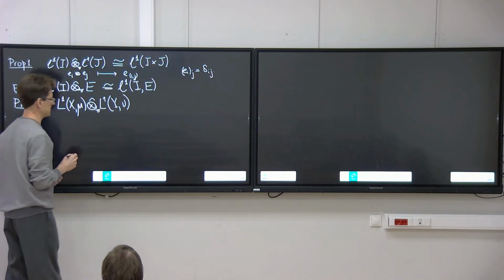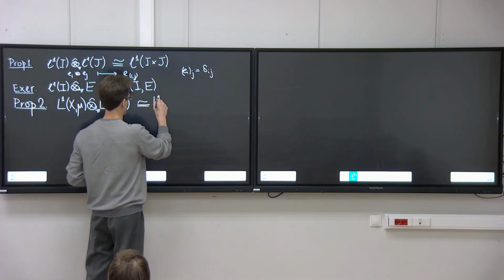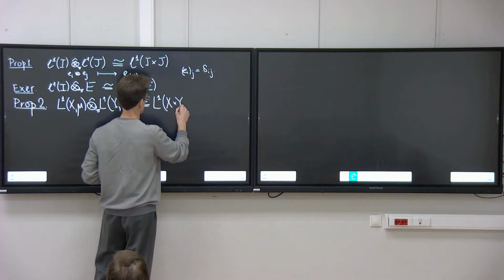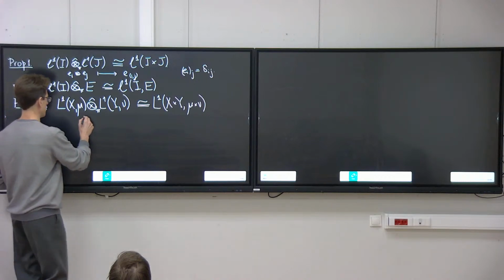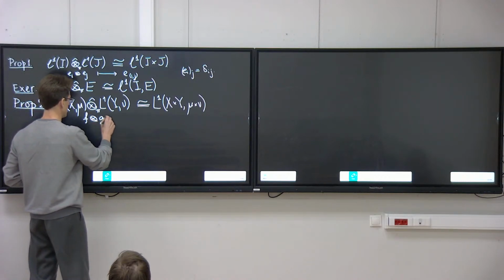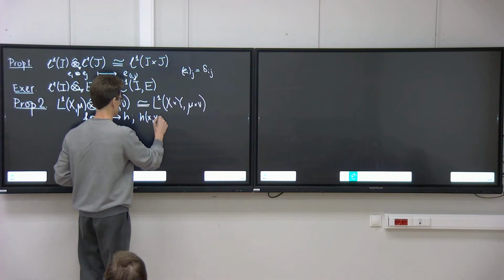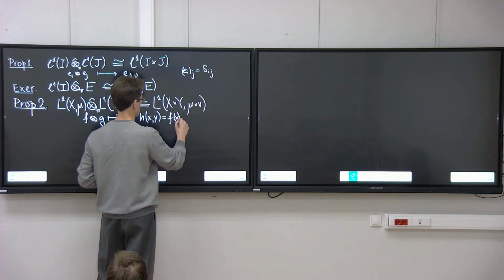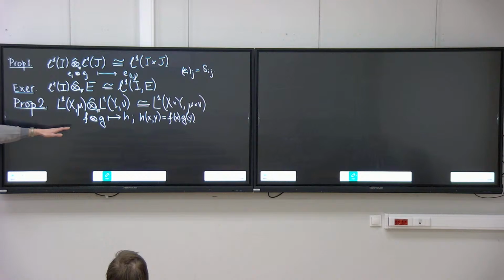Then their complete projective tensor product turns out to be isometrically isomorphic to L1 on the product of X and Y. And the isomorphism takes every elementary tensor f tensor g to the function h, given by the following simple formula. And this isomorphism is uniquely determined by this rule.